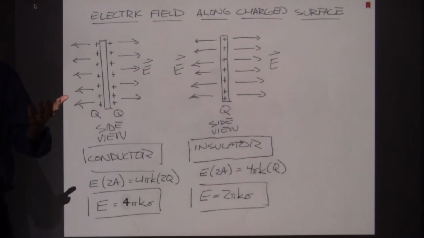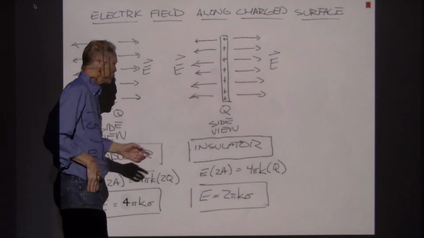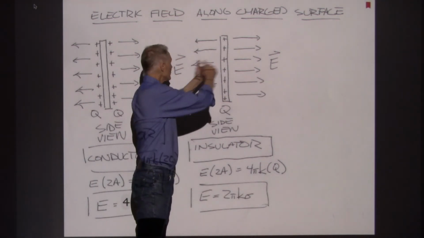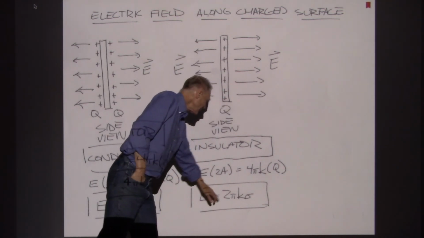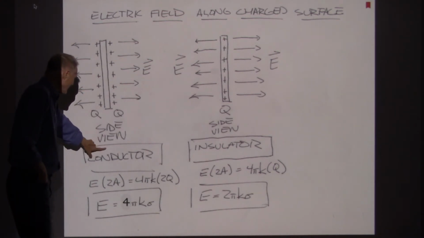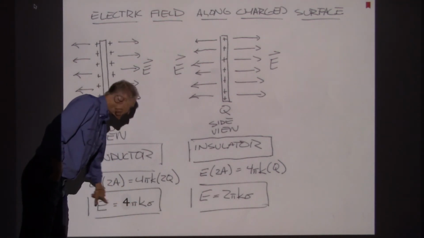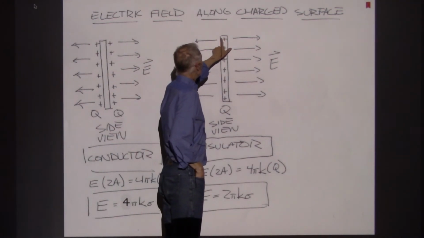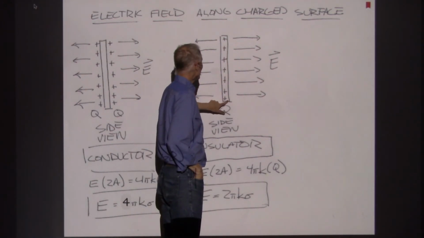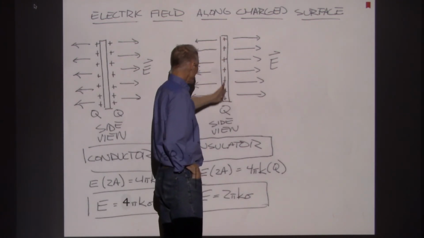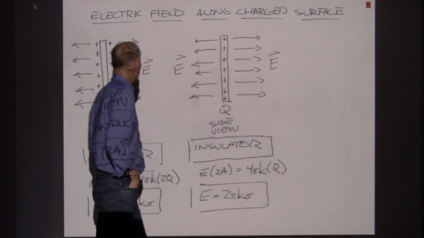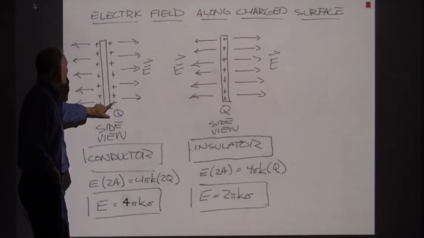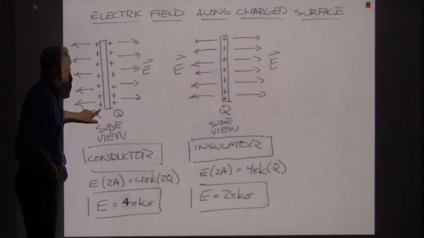Okay, so how do we make these two formulas agree with each other? Because I got one formula for this disk, where the electric field is going out in both sides, as 2 pi k times sigma. But then I have a conductor, and it says 4 pi k sigma. Well, the way this works is, if you're working with an insulating piece of material, they assume that the charge is somehow embedded in the material. So if I look across the area, the total charge is Q. But if it's a conductor, we think of the charge as only being on the surface.